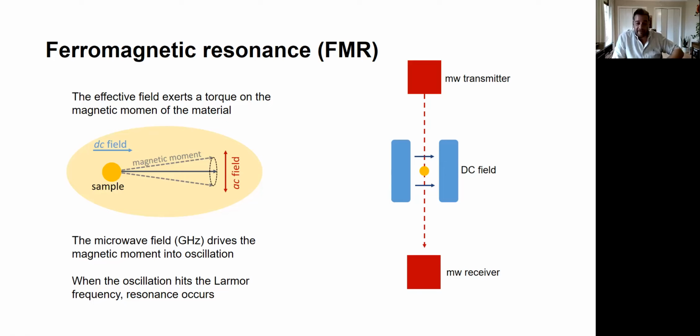The bigger the field, the faster it will go. So depending on this steady field, the material has a certain frequency that it oscillates. Now, if the frequency of the microwave is the same as the frequency of this Larmor precession, okay, then we have resonance and the sample absorbs all the microwave radiation.